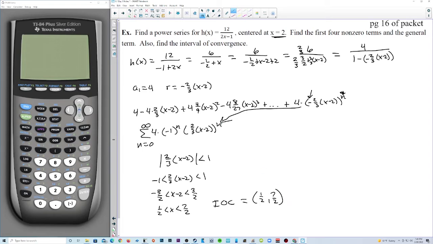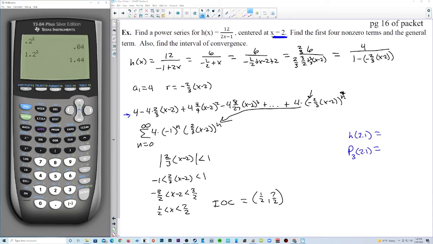But this isn't in the instructions, but let's do something else here. Let's find h of 2.1. And I'm using 2.1 because we're centering this at 2. And then we'll also do the approximation to find p sub 3 of 2.1, and see if we're convinced that we found the right series when we've done this correctly.